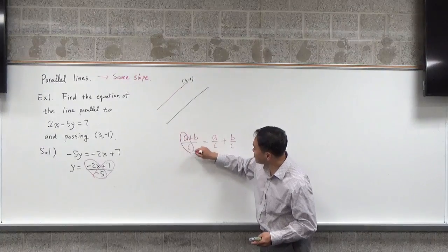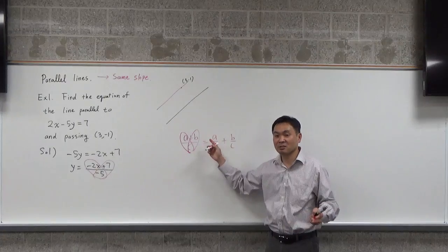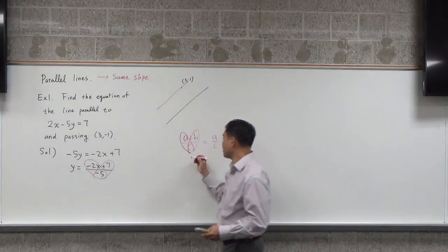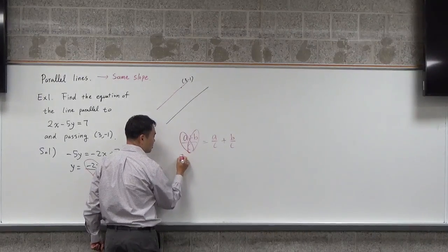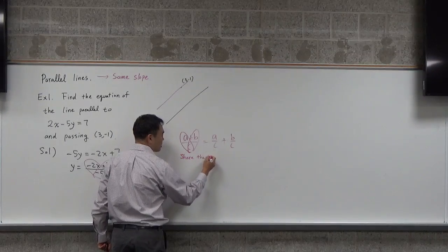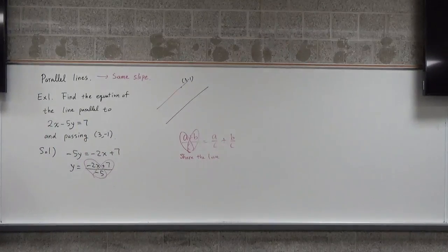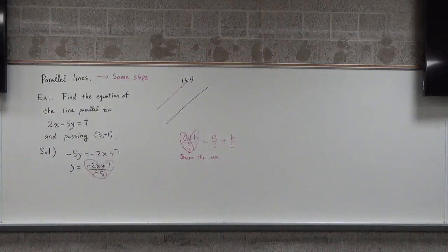If you do this and this, these are the two fractions, right? And this looks like a heart, right? So they would write something like share the denominator, share the love. And that's the way they train people, and it looks nice. I even wrote it in pink, so that counts too, right?